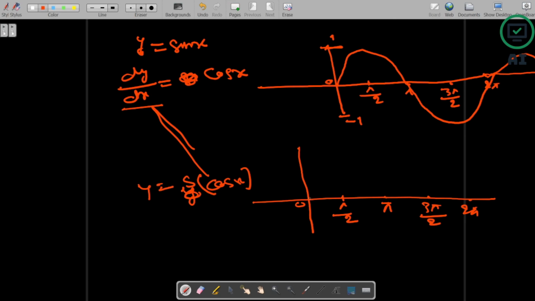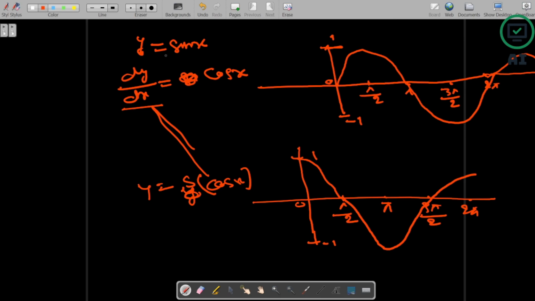For cos x also the range is 1 to minus 1. For 0 it will have 1, and then it will go down, take minus, and then this.